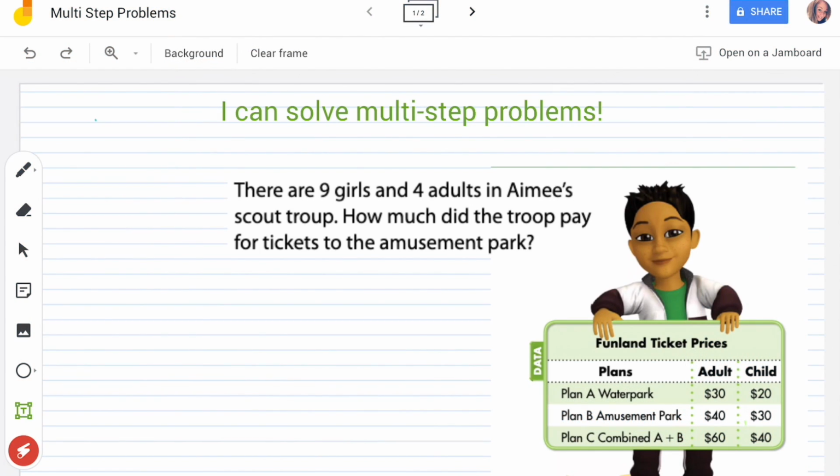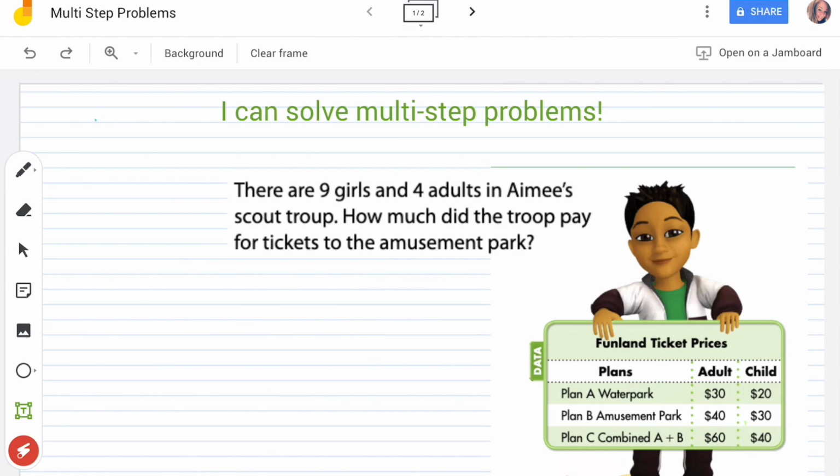Let's take a look at our first problem. There are 9 girls and 4 adults in Amy's scout troop. How much did the troop pay for tickets to the amusement park? I know that this problem doesn't give me enough information to help solve that.